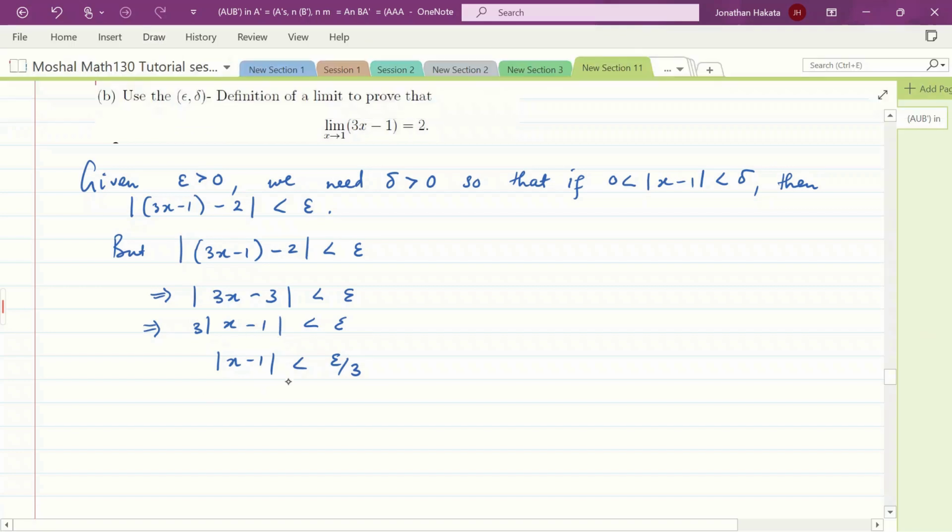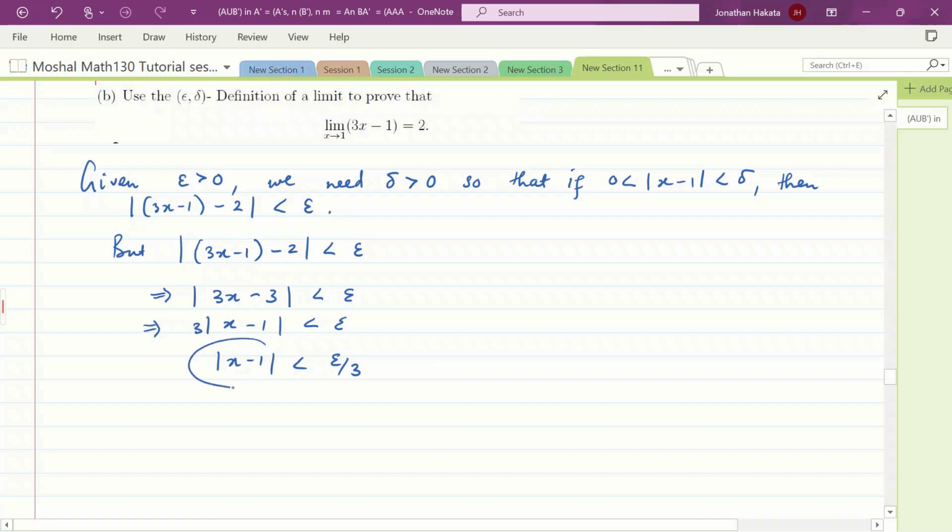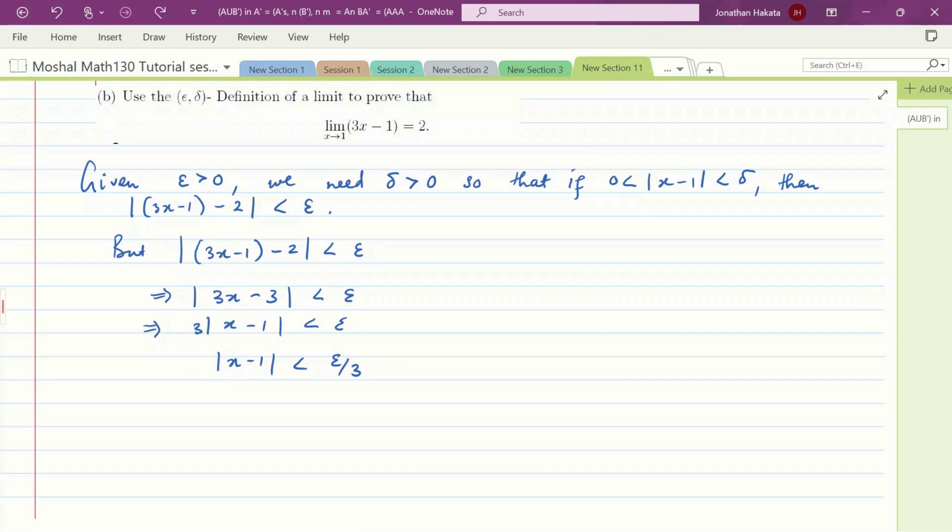It is exactly this form here: modulus of x minus 1 on the left and less than delta. So whatever is on the right is our delta. So we say let delta be equal to epsilon over 3. Then we start off from there until we prove this far end. That's how we do the proof.